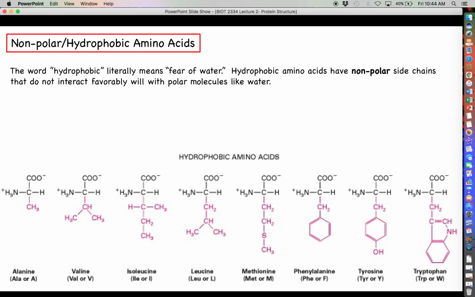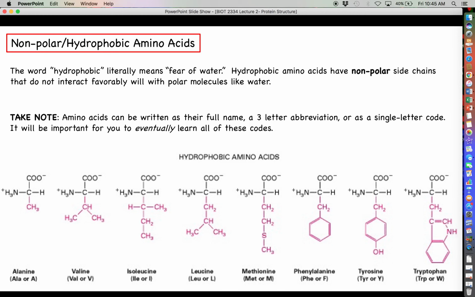If the side chain is nonpolar, it's going to want to interact with other molecules that are also nonpolar. And because water is very, very polar, that's going to be like mixing water and oil together, which is another example of the exact same chemical properties at work here. Hydrophobic molecules do not like to interact with hydrophilic molecules or water itself.